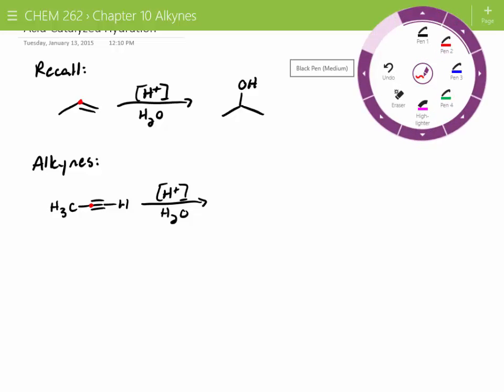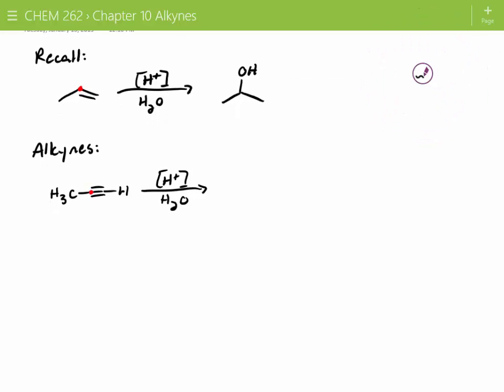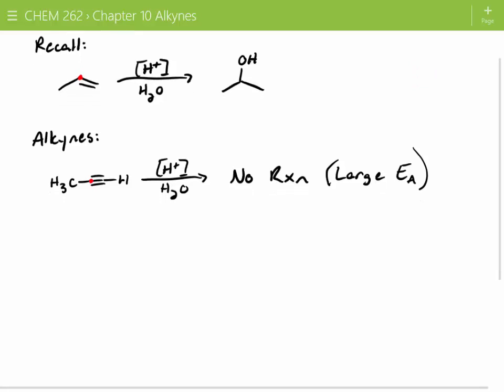The problem with this is you can try all day long, the reaction will not work. And the reason it doesn't work is because it has a really large activation energy, so large that in order to heat it up to that activation energy, you can bust your molecules and you end up destroying all of your hard work. So we have to insert some sort of catalyst in order to lower the activation energy.